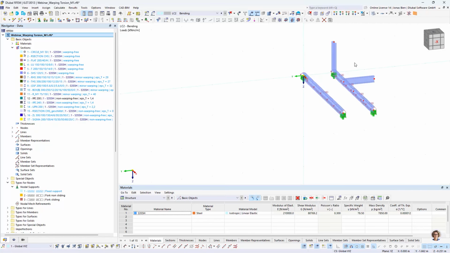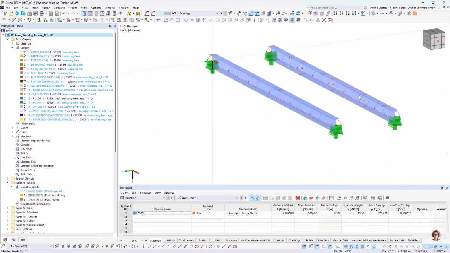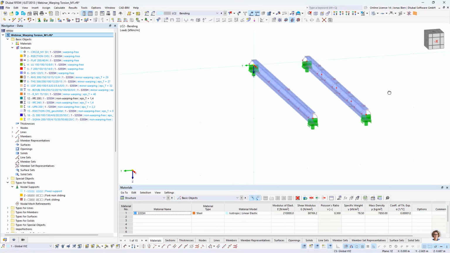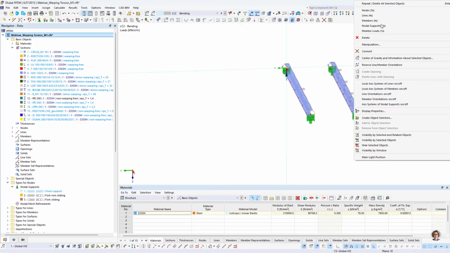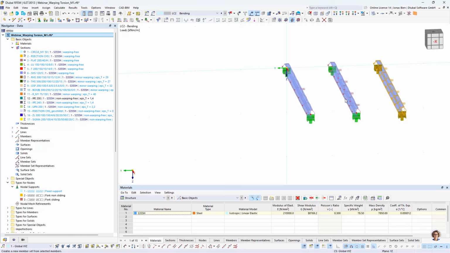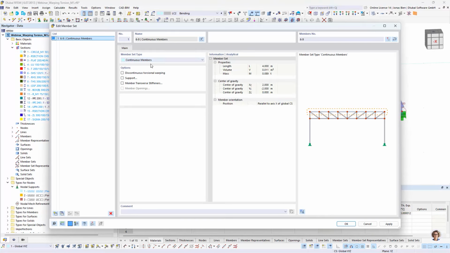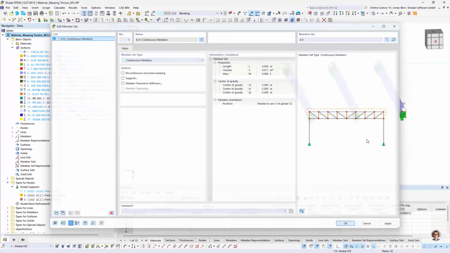So we decided that in our software, the basic behavior is that we uncouple the warping degree of freedom between adjacent members. But if we want to couple them, we can group them up in a member set of the type continuous member.